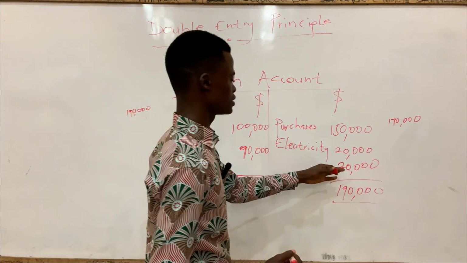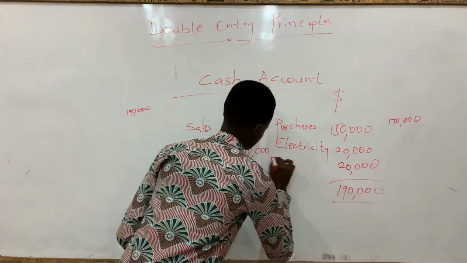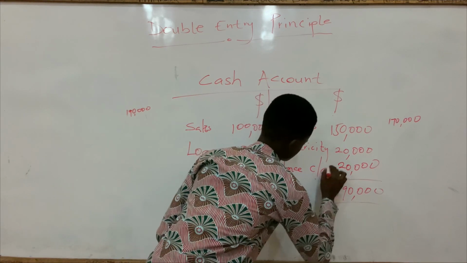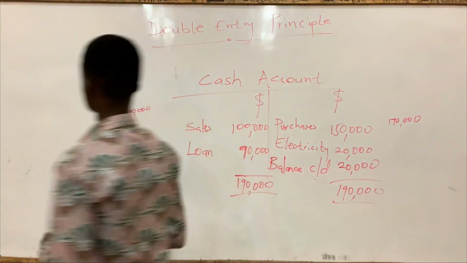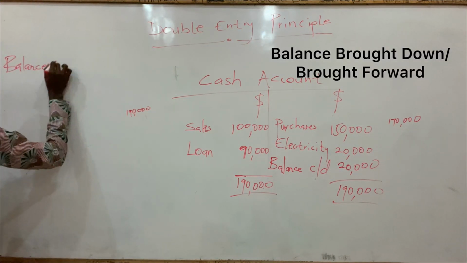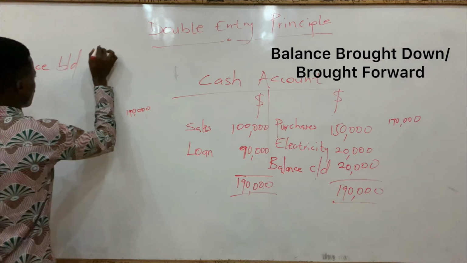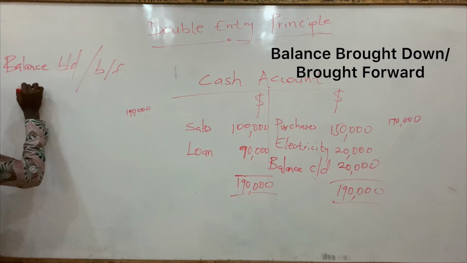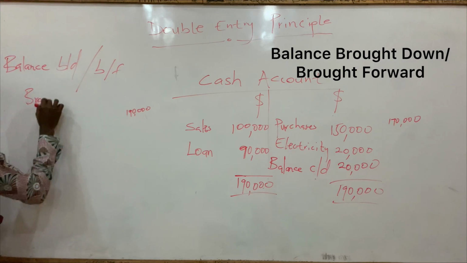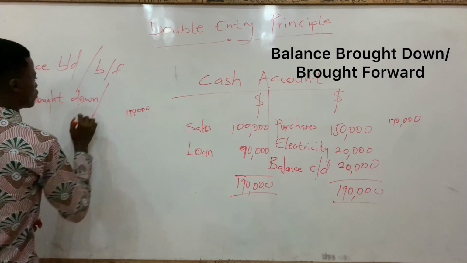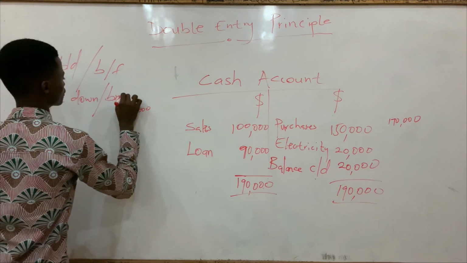So we put our difference on the credit side and we will name it balance C/D. In accounting, whenever you see balance B/D or B/F, it means balance brought down or brought forward.